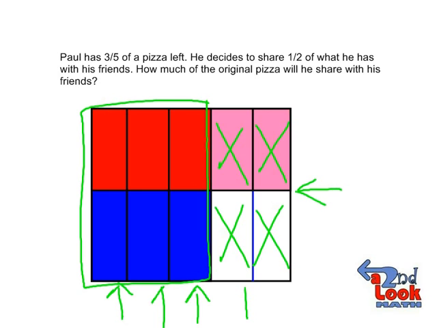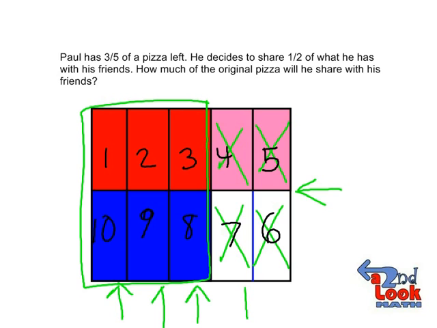By segmenting our rectangle, we are able to actually divide this into what are now tenths. See, we have 1, 2, 3, 4, 5. Whoops, that's not a 5. There's a 5, 6, 7, 8, 9, 10 pieces.